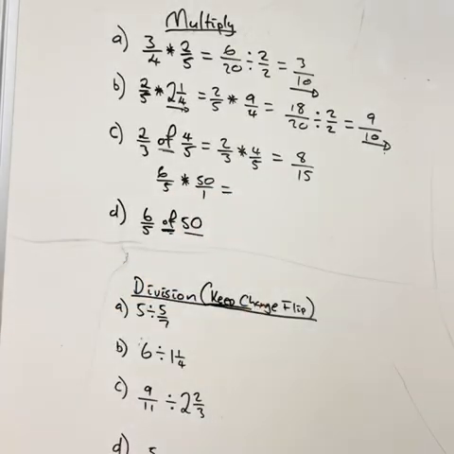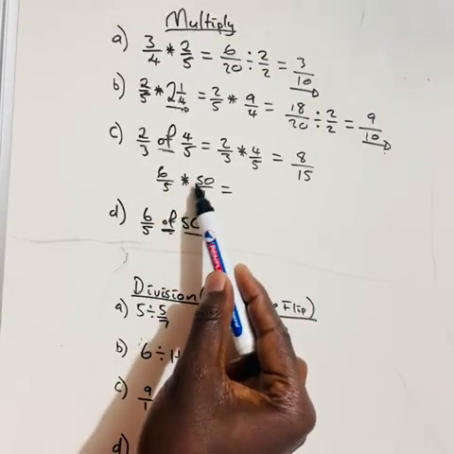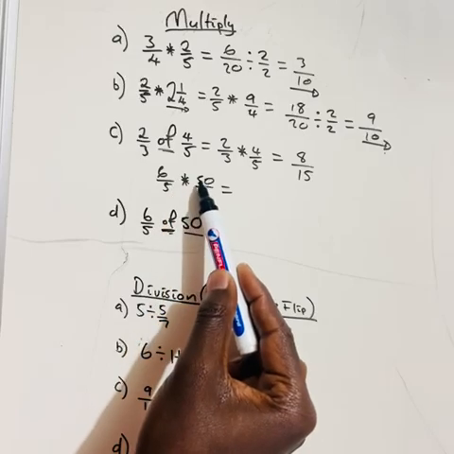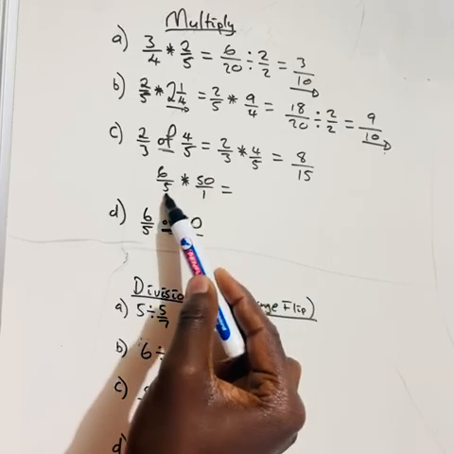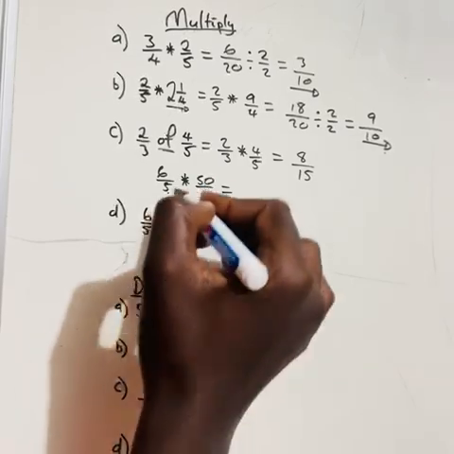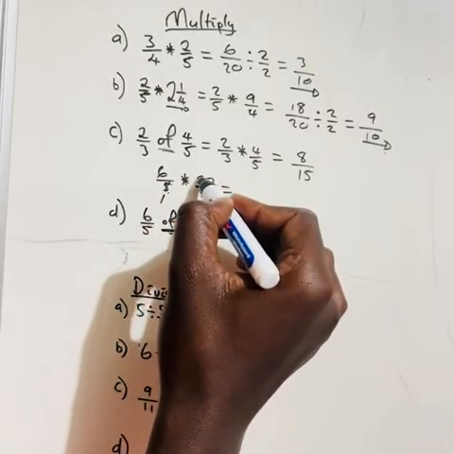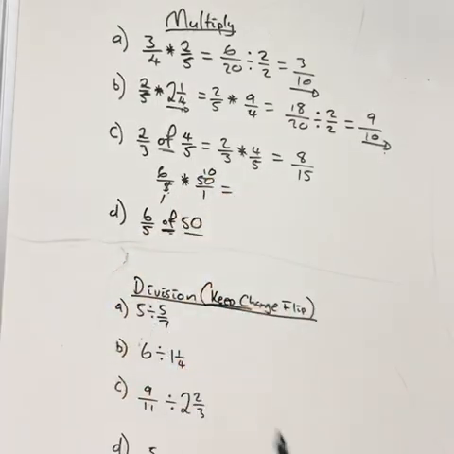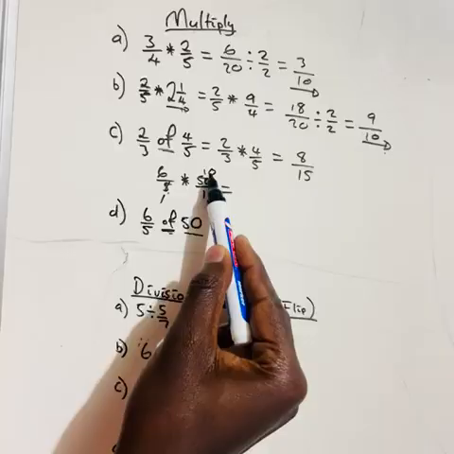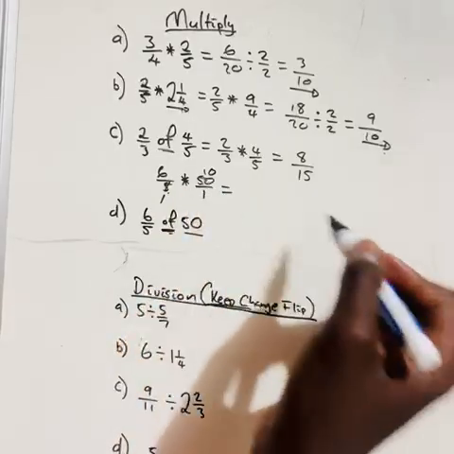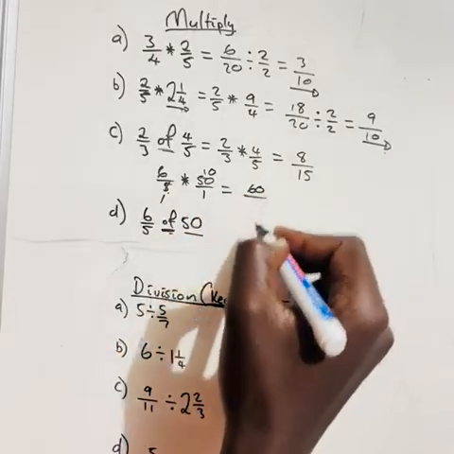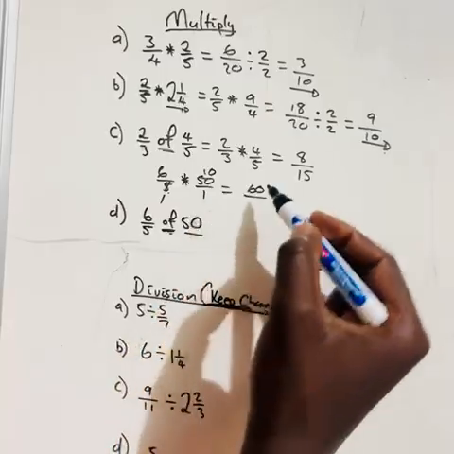Now there is another method which I could have used for all these 3. I'm going to introduce it here. I can look at the numbers that are across from each other and find if they've got a common factor. I've got 5 and 50. 5 into 5 is 1. 5 into 50 is 10. Now what do I have? I have a numerator multiplied by this numerator. 6 multiplied by 10 is equal to 60, over 1 multiplied by 1 is equal to 1.